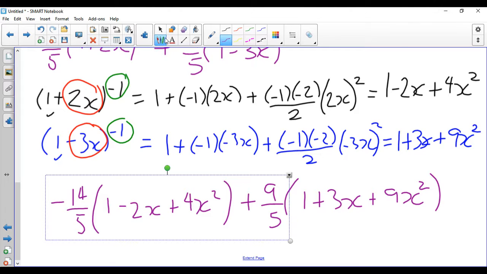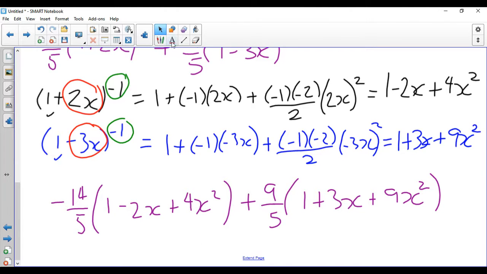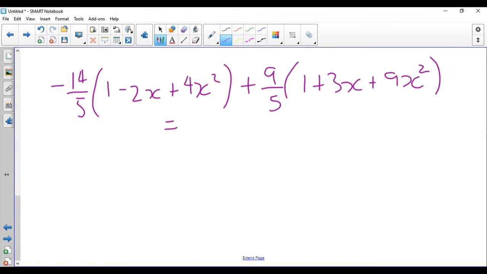Okay, so now I am going to work that out. Again, you can use your calculator at this point. Literally work out the constant, then the x terms, then the x squared, and you will end up with minus 1 plus 11x plus 5x squared. Use your calculator if I were you on that one.